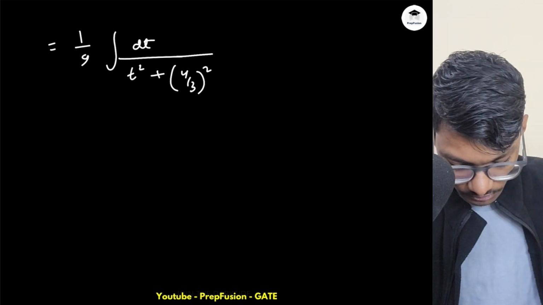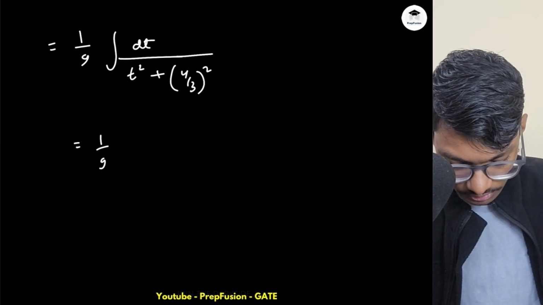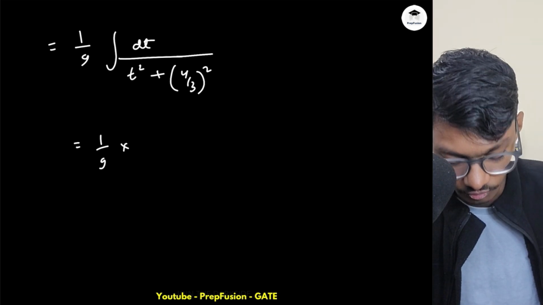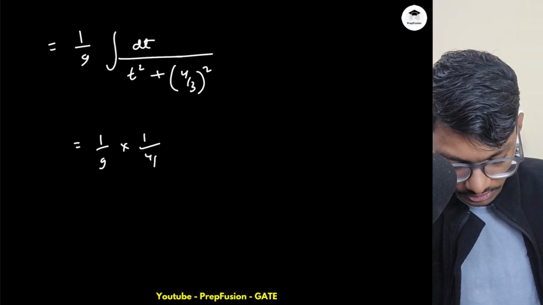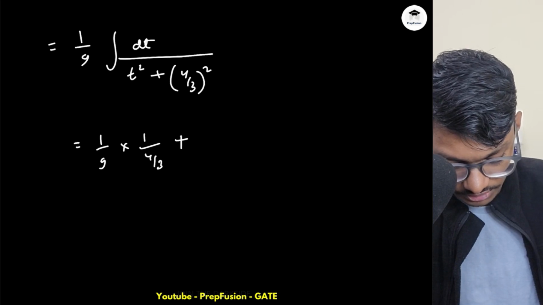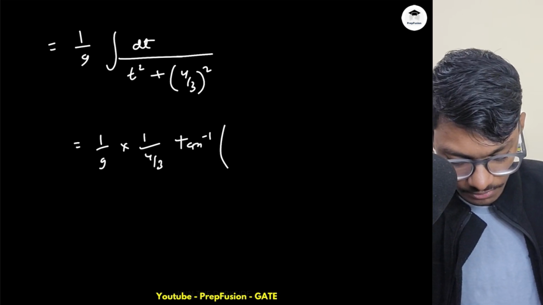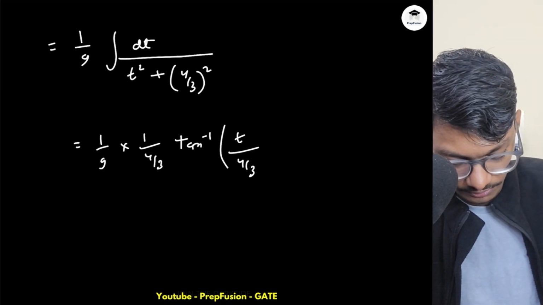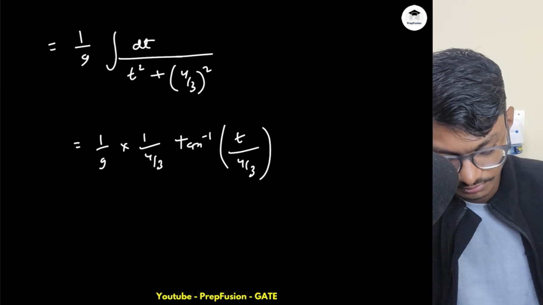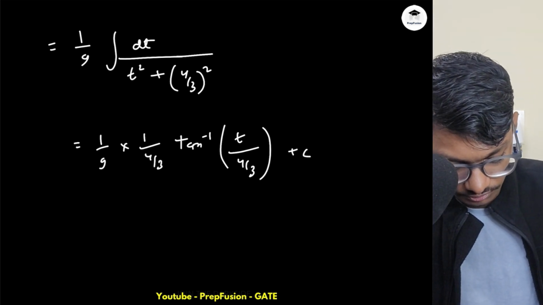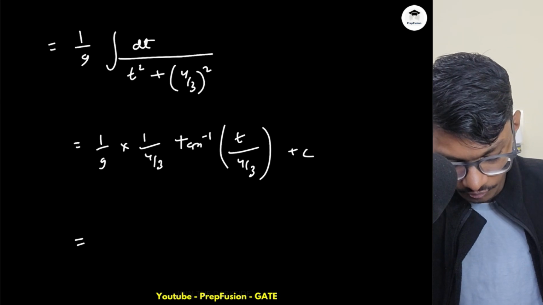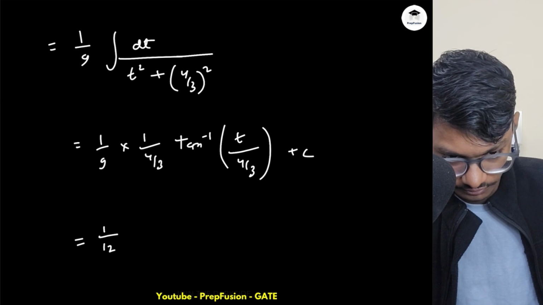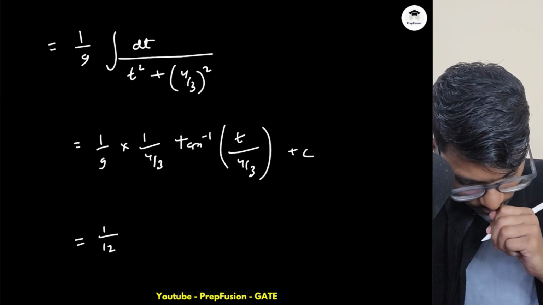So this will be 1 by 9 into 1 by a, so 1 by 4 by 3 into tan inverse x by a. In our case, x is t and a is 4 by 3. So plus c. Now obviously you can simplify a few things. So this will be simply 1 by 12. Okay, x by a, yeah, this is fine.